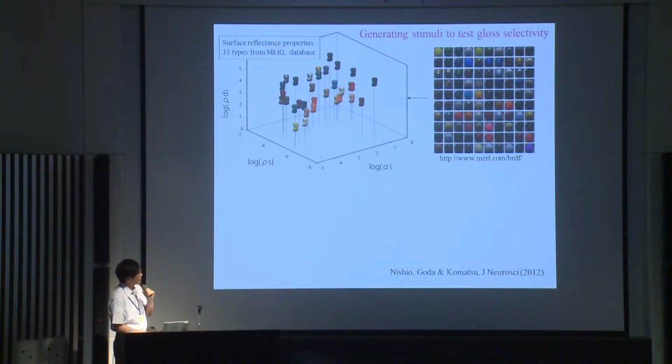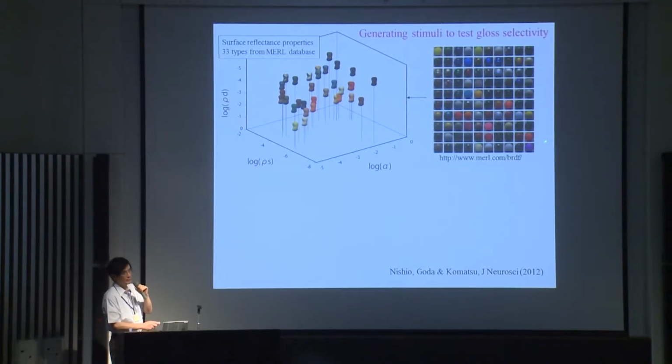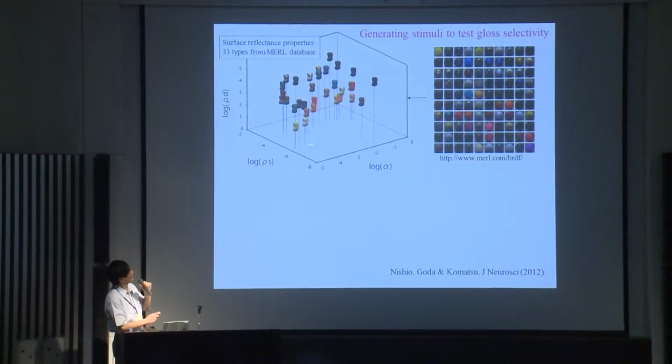To generate stimuli to test gloss selectivity of neurons, with regard to the surface reflectance, we picked 33 surface reflectances from the MERL BRDF database. And this shows the parameters rho D, rho S, alpha from the previous slide for these 33 stimuli.